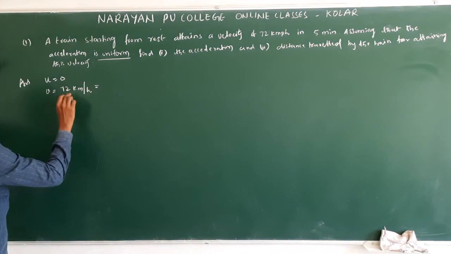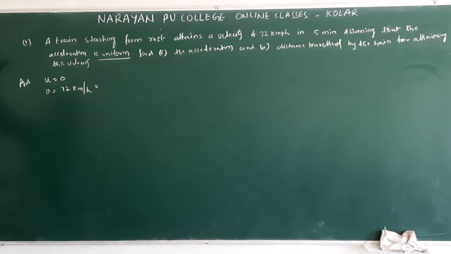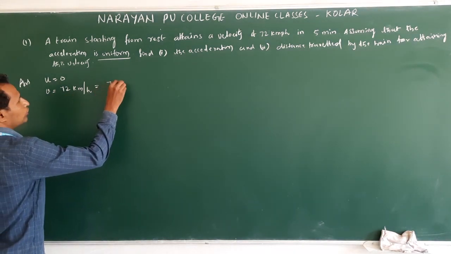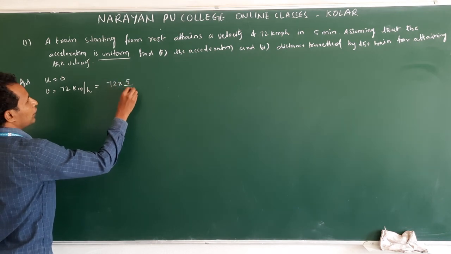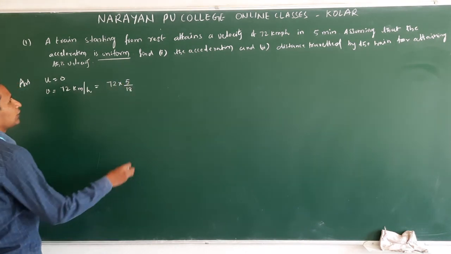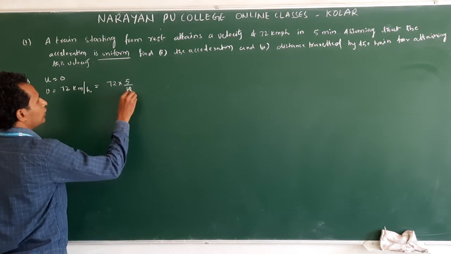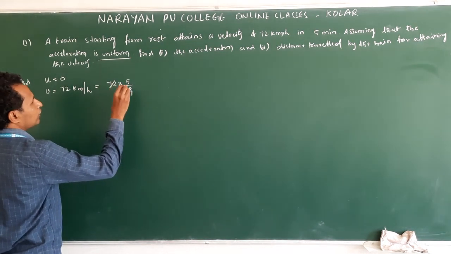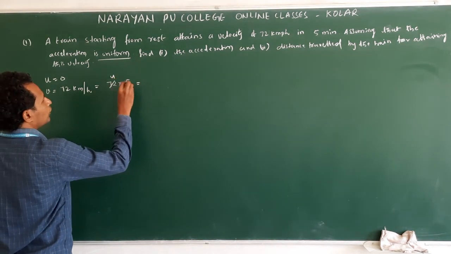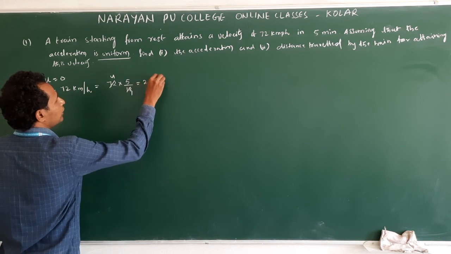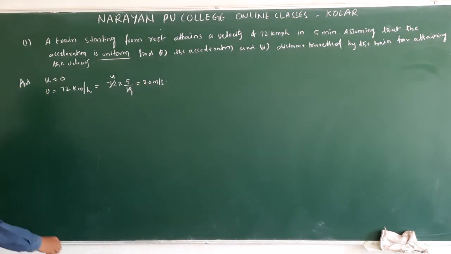This is in kilometers per hour, so we need to change this into meter per second. So 72 multiplied by 5 by 18. Then 18 into 72 is 4, 4 into 5, 20 meter per second.